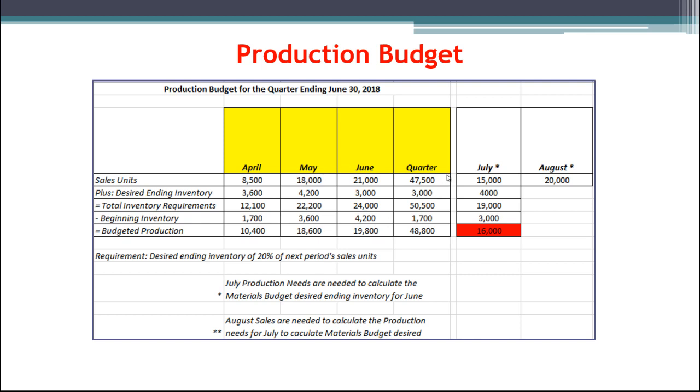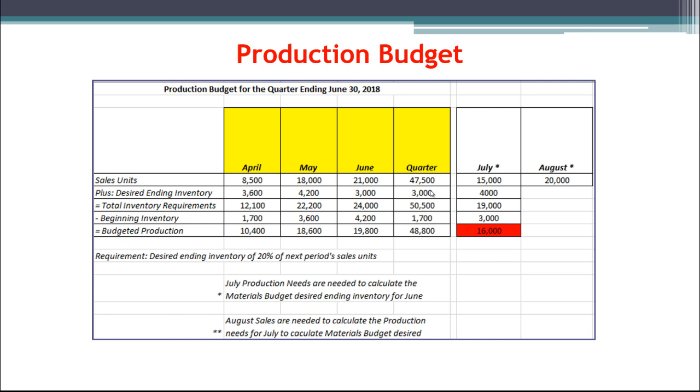The other piece I want to talk about here is that when we are dealing with the quarter, if we're dealing with the total amount, for example, some of these items you can sum up. So like the sales, yes, you can sum those three up to get the quarterly amount. But the ending and beginning inventories, it's not a sum.